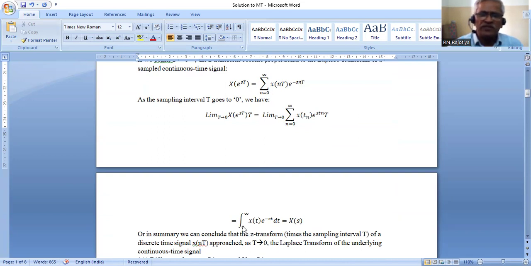So it is the integration from 0 to infinity of x(t) e to the power of minus st dt, which is nothing but the Laplace transform X(s) itself.